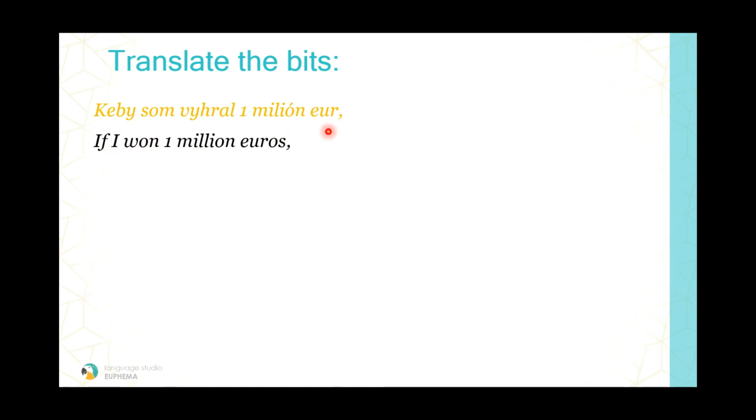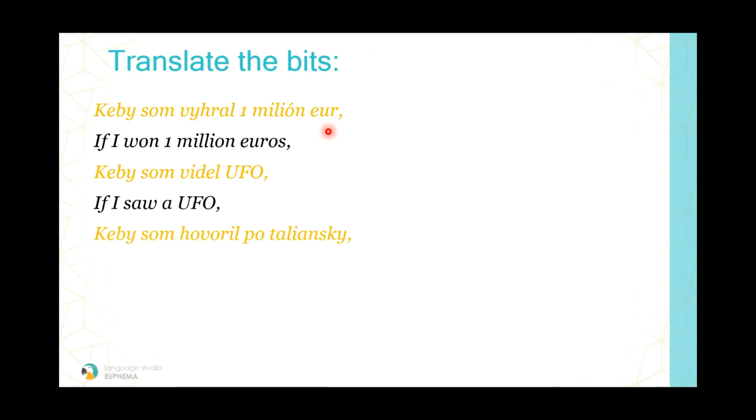Okay, let's continue with another if clause. Keby som videl UFO. If I saw a UFO, very well. Keby som hovoril po taliansky. If I spoke Italian, keby som mal auto.